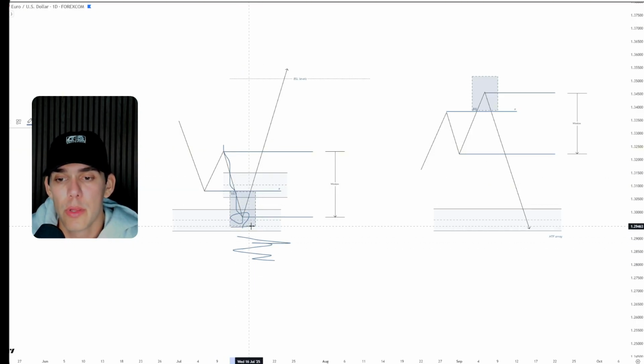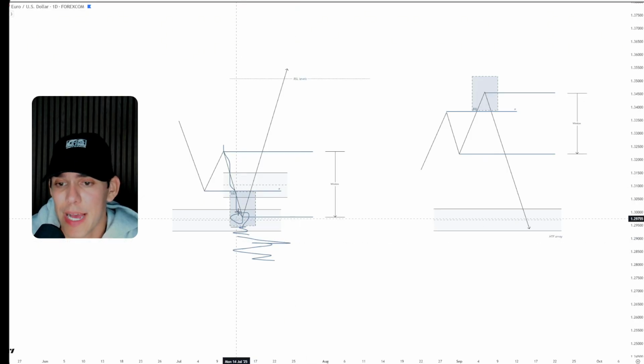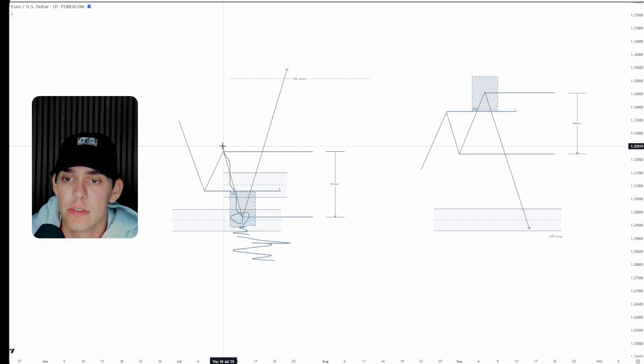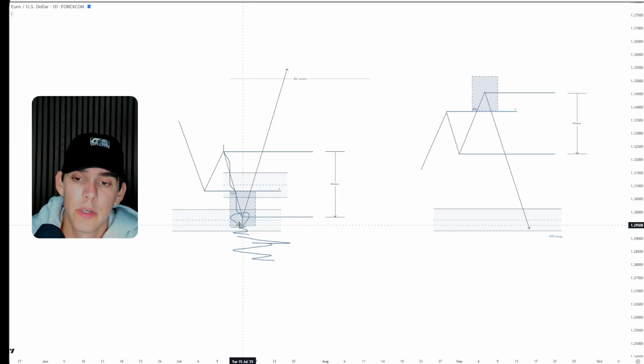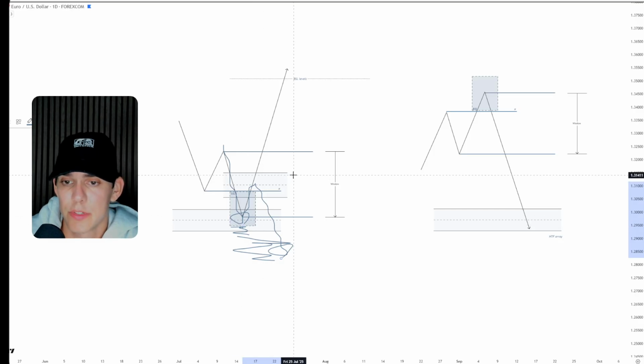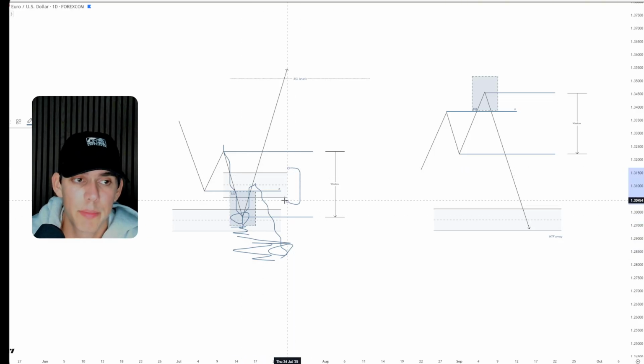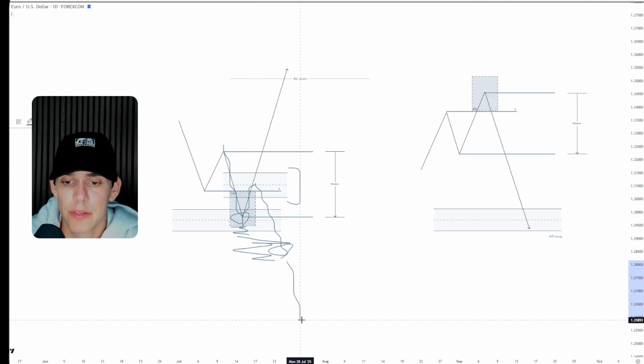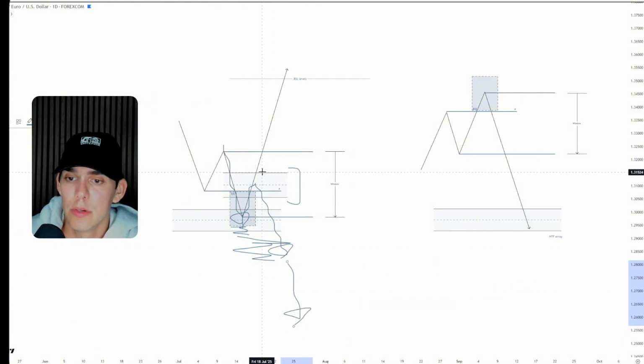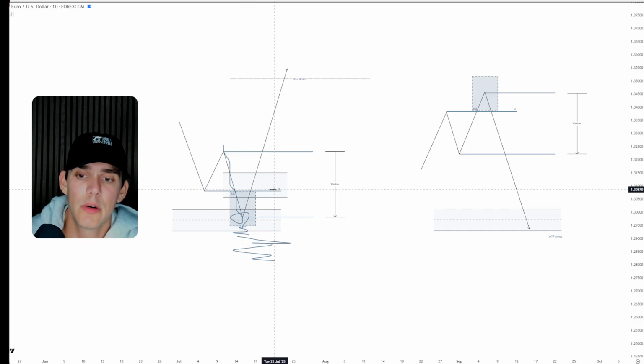You are going to be looking at how price reacts from that level, right? What you're going to be seeing is, if price then comes down like this with an aggressive displacement, there's a chance that it respects that array that it created, that bearish array that it created, and that obviously continues lower. You don't want to get caught in those crossroads. You don't want to be the one to get caught in that.